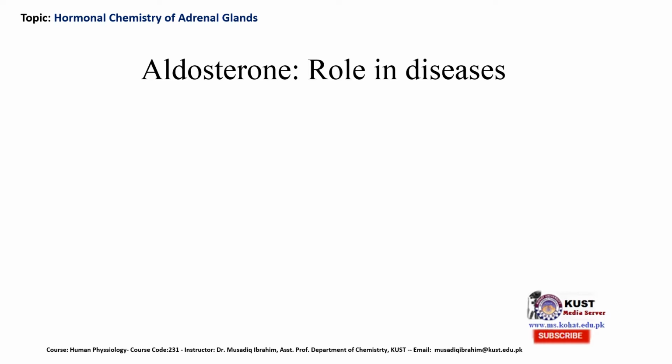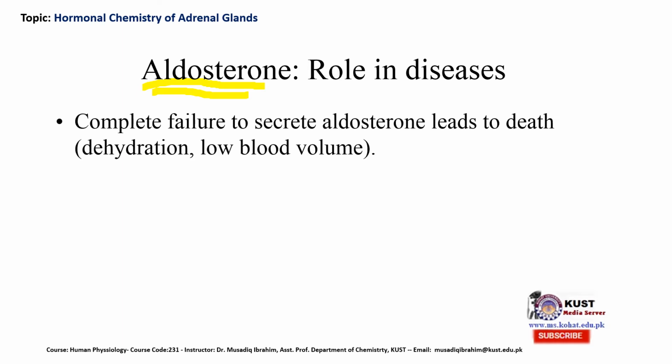One is the hyposecretion or less secretion of aldosterone, and the other one is the hypersecretion or oversecretion of aldosterone. In the first case, a complete failure to secrete aldosterone leads to death.